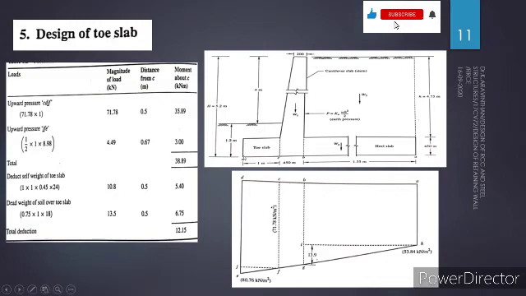The toe slab has a breadth of 1 meter and depth of 0.45, and if you multiply by 24, the unit weight of concrete, you will get 10.8.